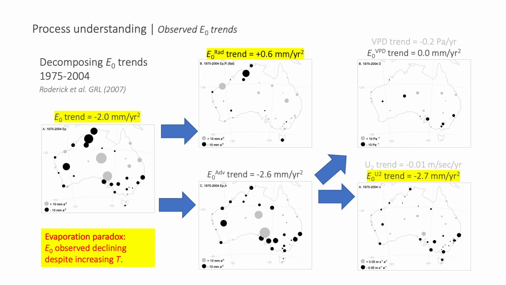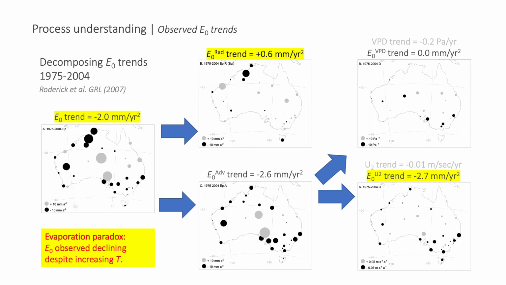The advective trend then actually can be further decomposed into its components of that which derives from vapor pressure deficit and that which derives from wind speed. And we can track those forcings on evaporative demand, and we see that there's really no effect of a VPD trend. But there's a huge effect of a wind speed trend, negative 2.7 millimeters per year. So if you add up the radiative and the wind speed trends, they add up to the overall evaporative demand trend.